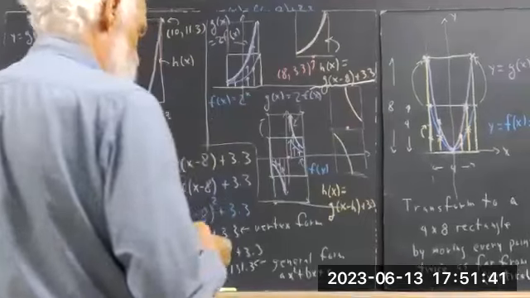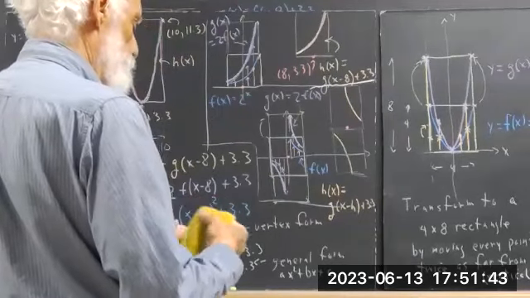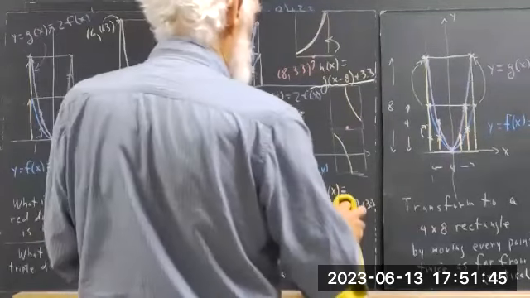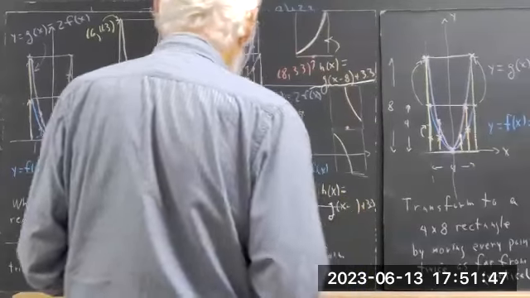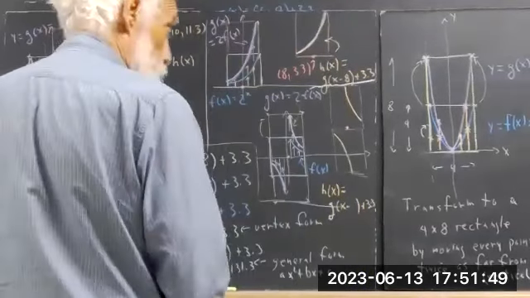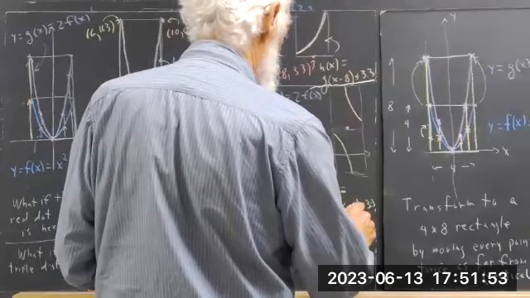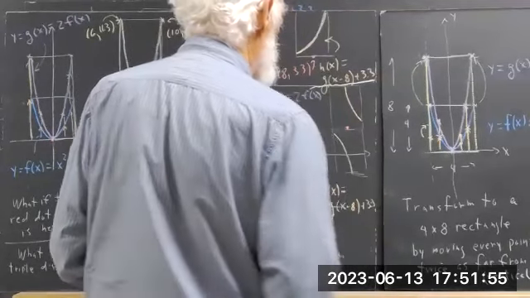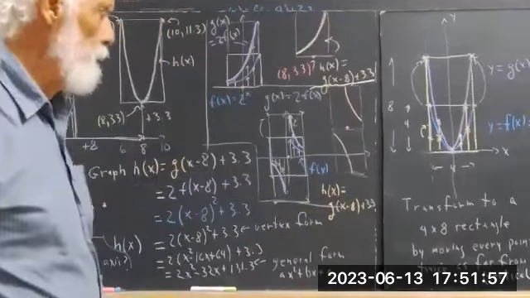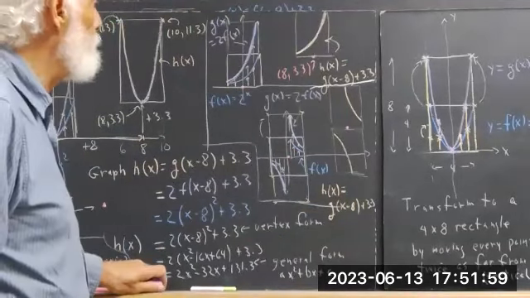I wrote down x minus h, and that's just because I had an h there, because that's the usual symbol we use for horizontal shift, but we'll worry about that later. It's b of x minus 8 plus 3.3.